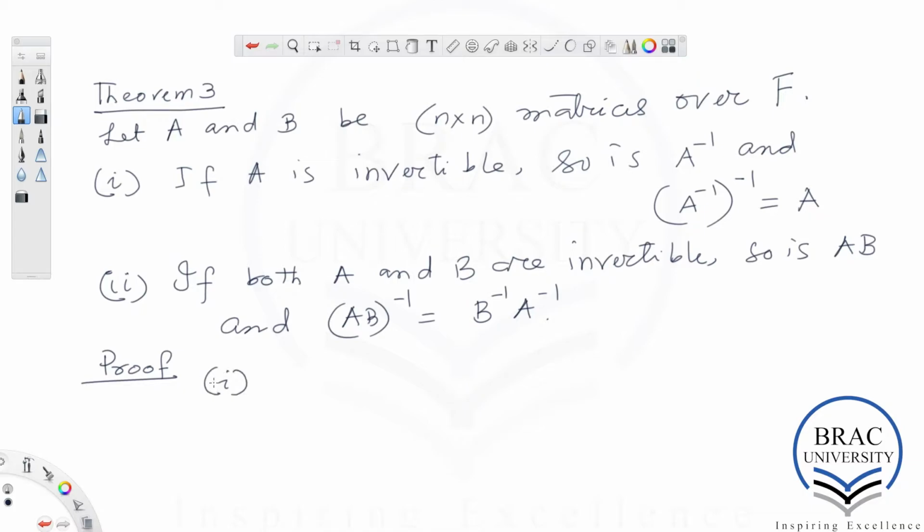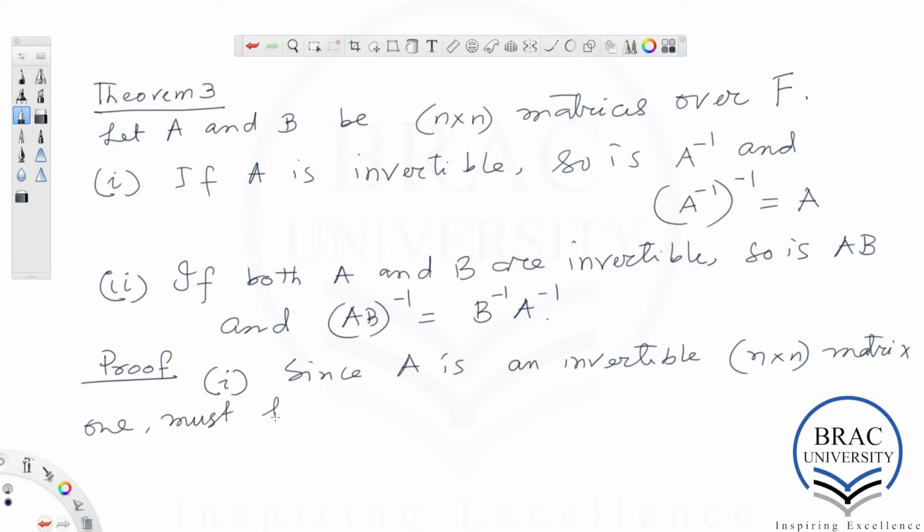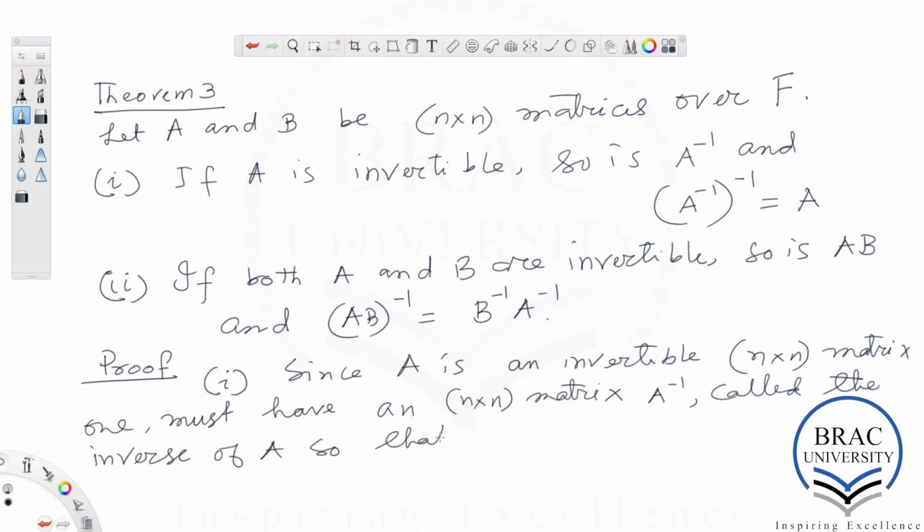The first part: since A is an invertible n times n matrix, one must have an n times n matrix A inverse, called the inverse of A, so that the following equality holds.